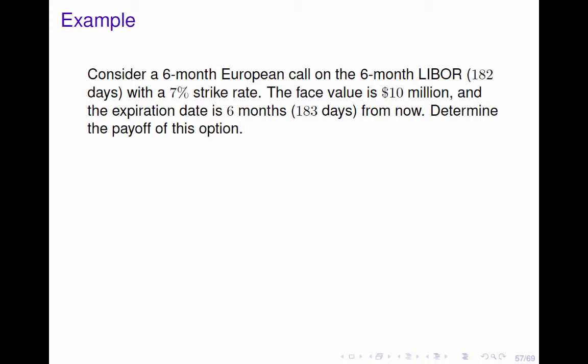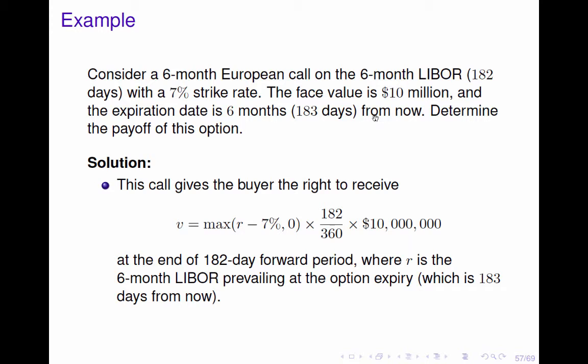Can you determine the payoff of this option? This call option gives the buyer the right to receive the following amount at the end of 182-day forward period, where R is the 6-month LIBOR prevailing at the option expiry, which is 183 days from now.